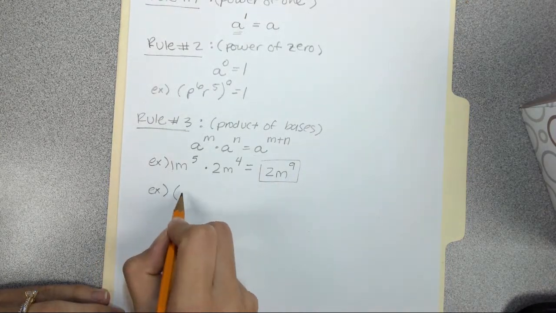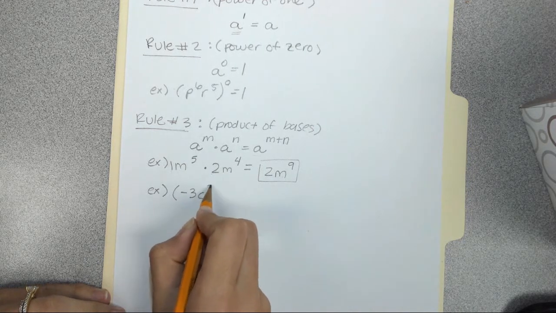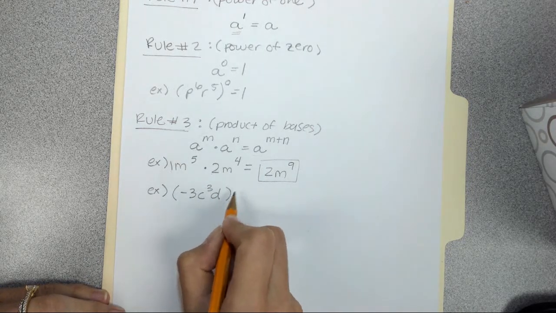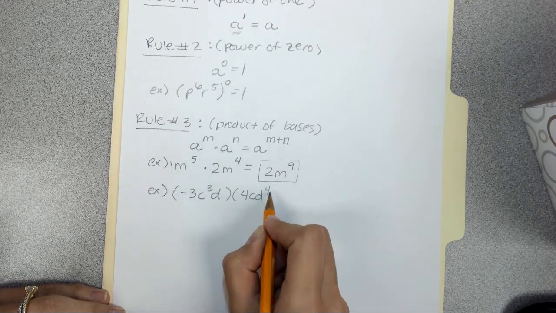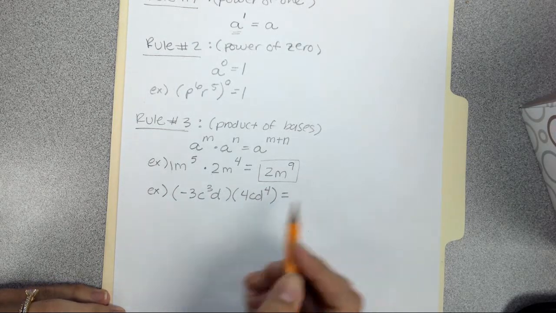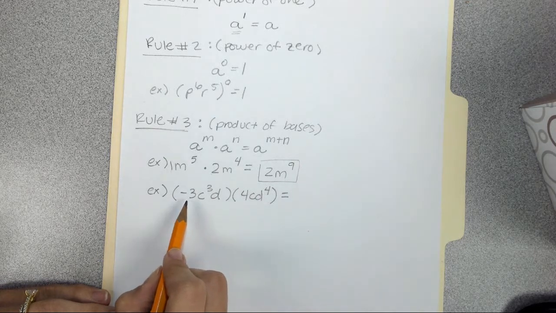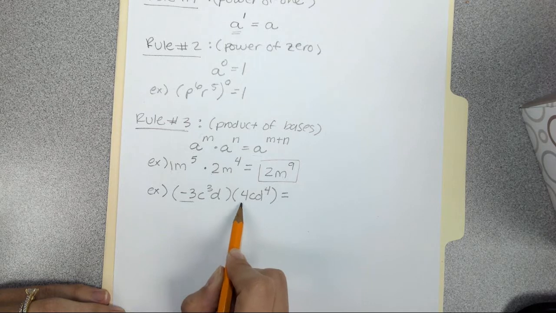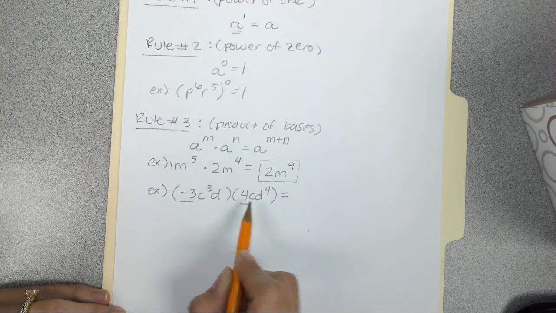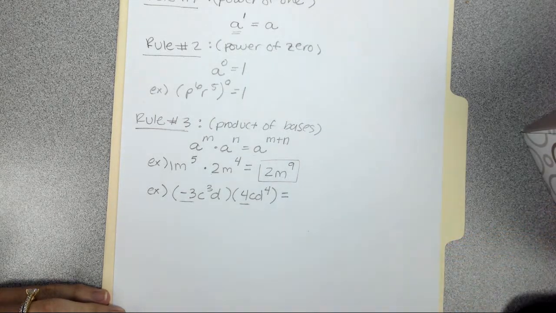Another example, let's say we had negative 3c cubed times d, all times 4cd to the power of 4. Well, the product of my bases here, I have a negative 3 and a positive 4. I'm going to show you what order I'm going to write these in and then explain why.